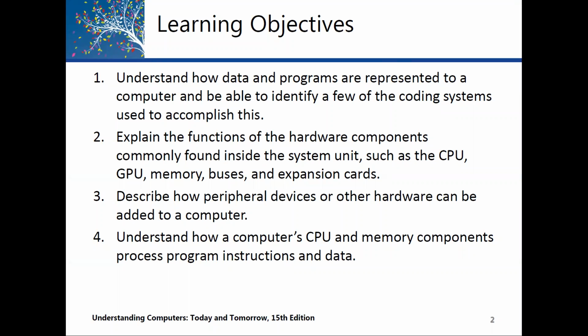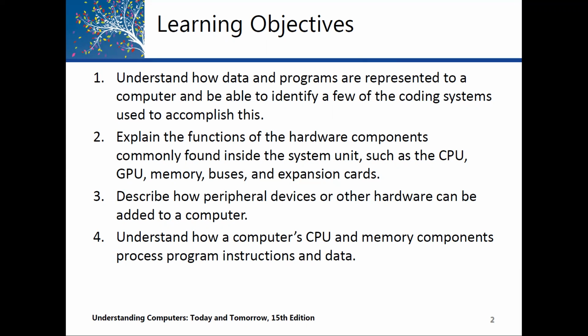For example, we will be able to understand how data and programs are represented to the computer and identify a few of the coding systems used to accomplish this. You will be able to explain the functions of the hardware components commonly found inside the system unit, such as the CPU, GPU, memory, buses, and expansion cards. Students will be able to describe how peripheral devices or other hardware can be added to a computer.